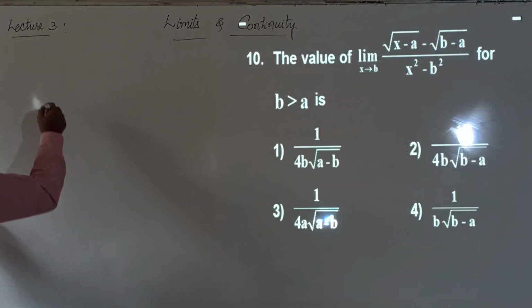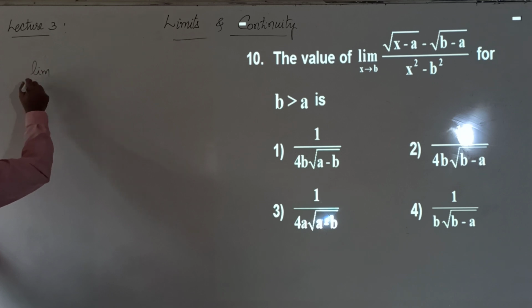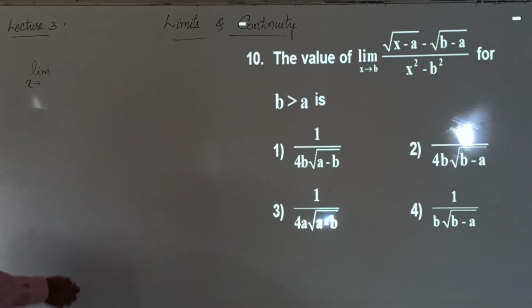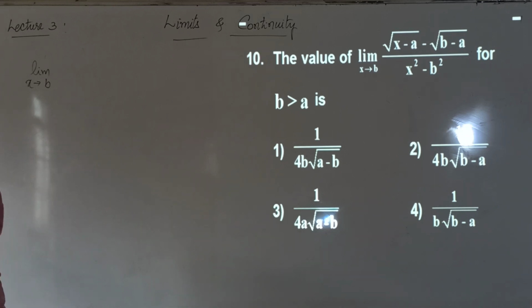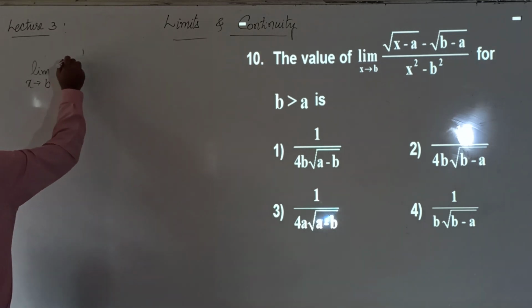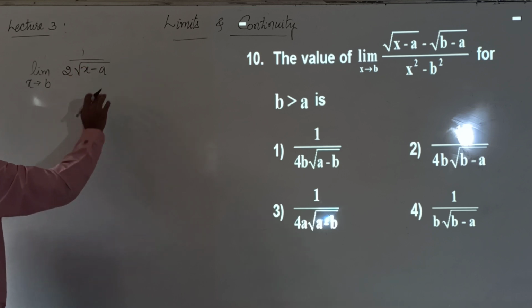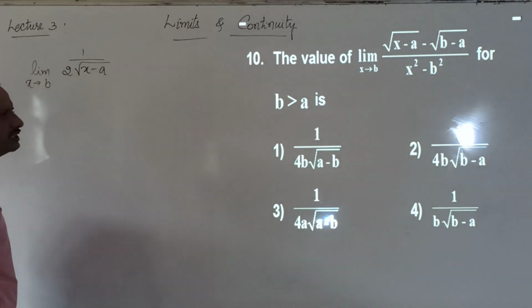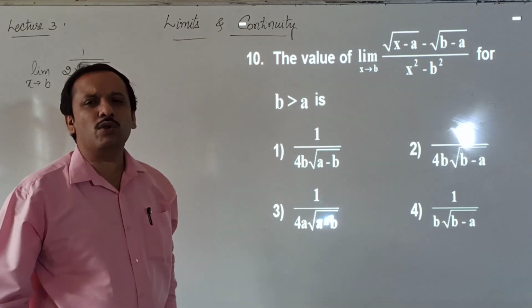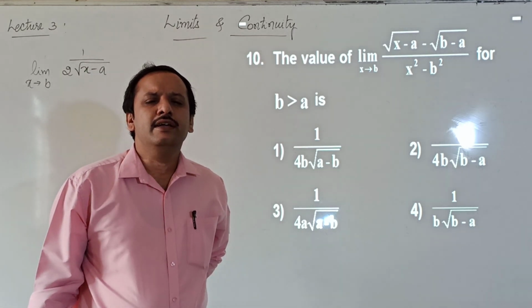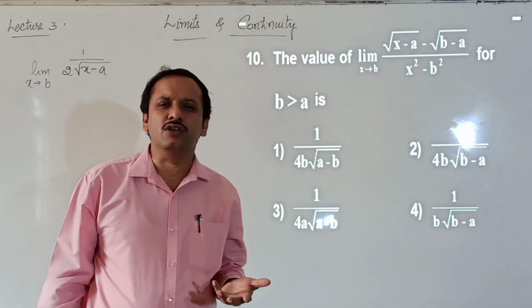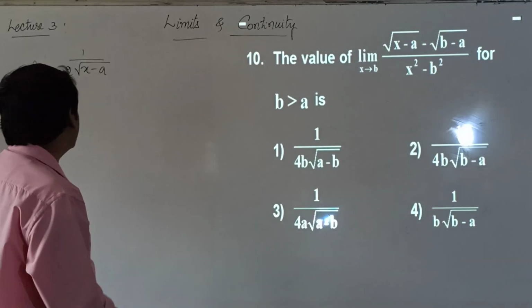Okay. So if I use L'Hospital's rule, then we get limit x tends to b of the derivative of root of x minus a, which is 1 by 2 root of x minus a into the derivative of x minus a, which is 1. Minus root of b minus a, which is a constant, so its derivative is 0.